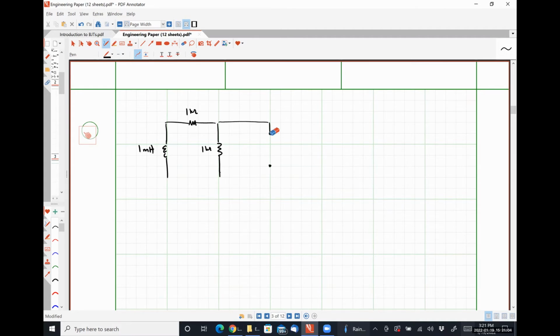Let me draw this better. That opens at t is equal to 0. Another 1 kilo ohm resistor. Yet another 1 kilo ohm resistor. And finally, a 1 milliamp current source. Okay.